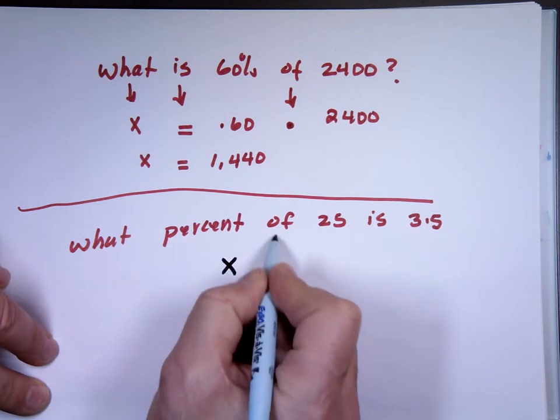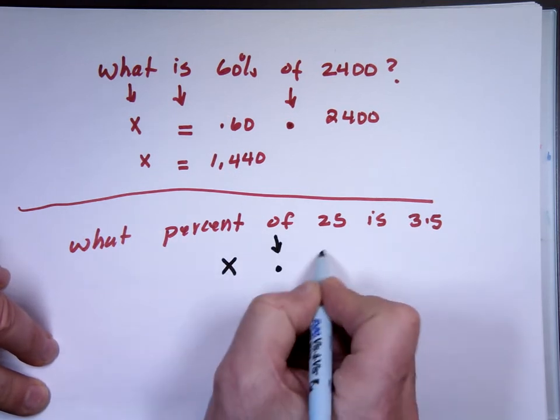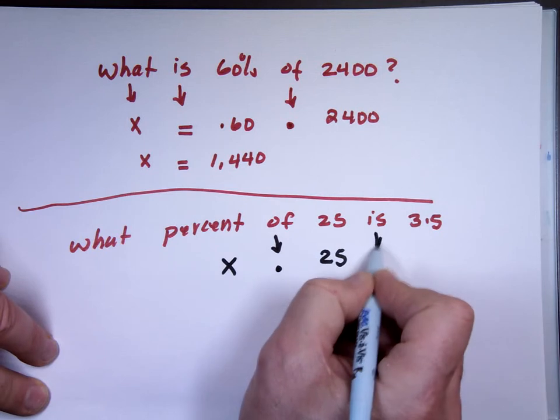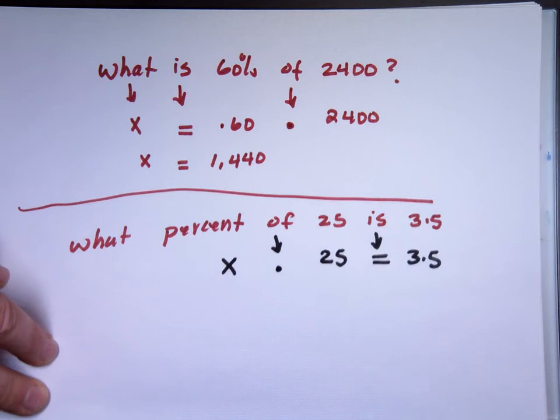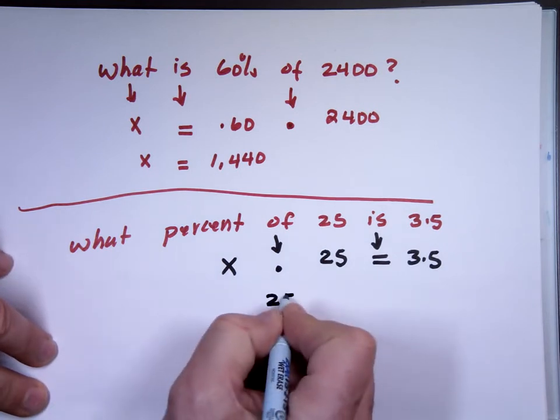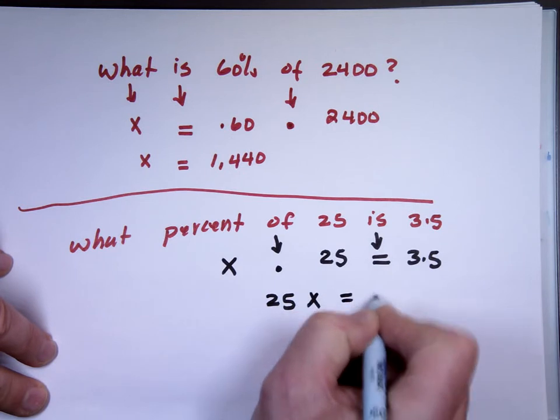Of means multiply. 25 is means equal 3.5. 25x equals 3.5.